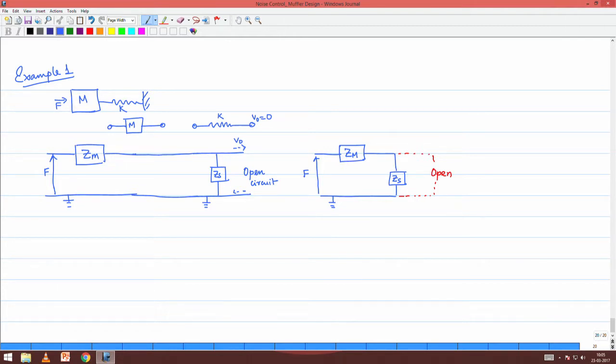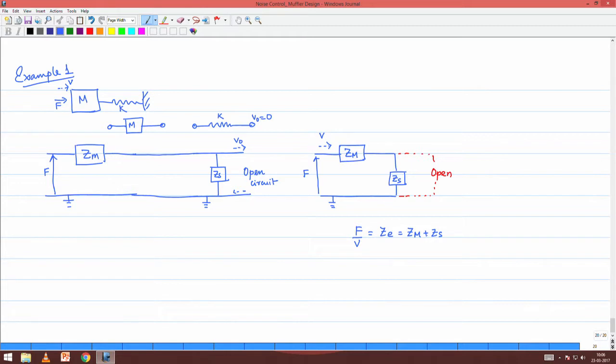Now, how does this boil down to in terms of the notations of the circuit? So, if you are required to find the velocity, which basically means the velocity at the input end of this mass, then as per the circuit theory we understand F by V will be equal to the equivalent impedance of this circuit, and since there are just two impedances Zm and Zs and they are in series here, that will be Zm plus Zs.